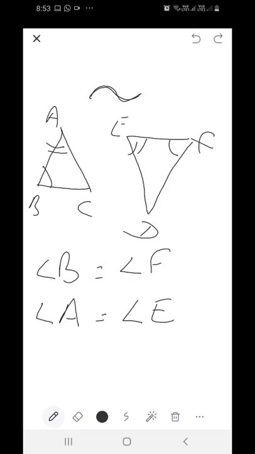They will automatically become equal because the sum of all the three angles of the triangle has to be 180 degree.